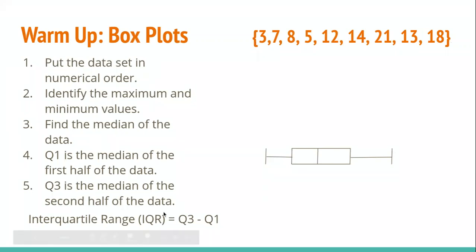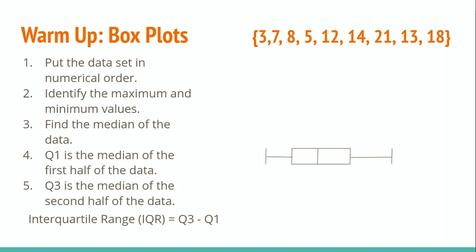And if we look at the picture, here is the box, and these are the whiskers. It is just another way to graph data, and it gives us a 5-number summary about the data.